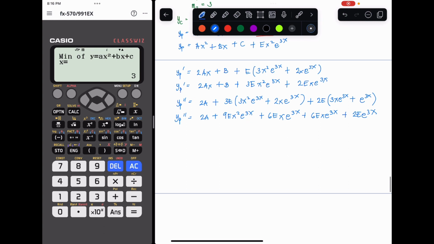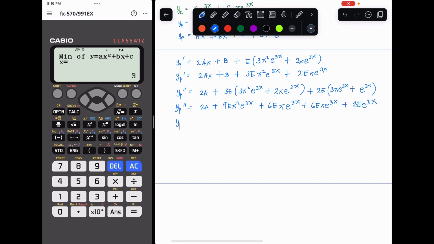So finally, yp double prime is 2a plus 9E x squared e raised to 3x. The 6E and 6E terms are the same, so that makes it 12E x e raised to 3x, and then plus 2E e raised to 3x. So that is our yp double prime.